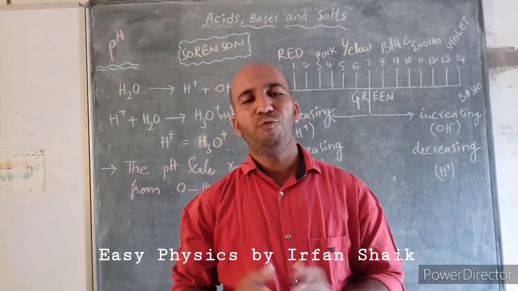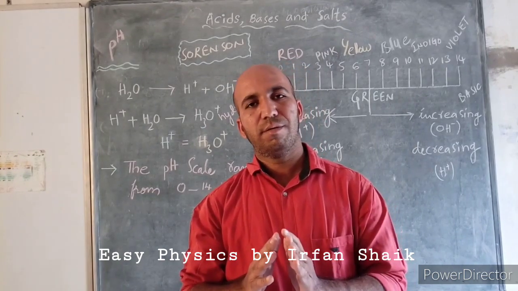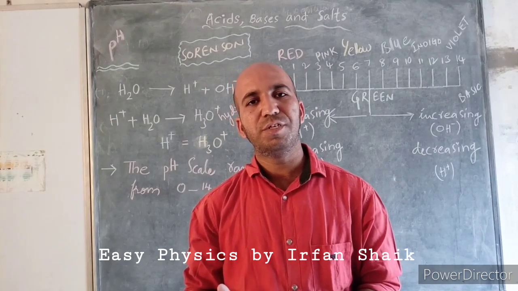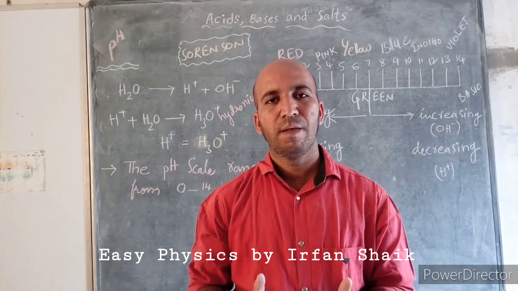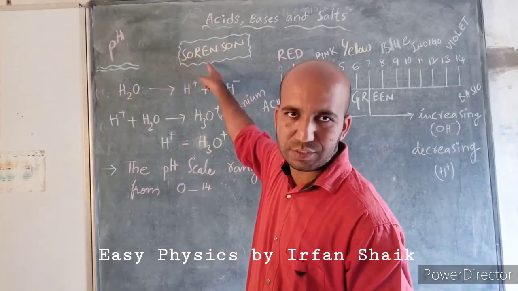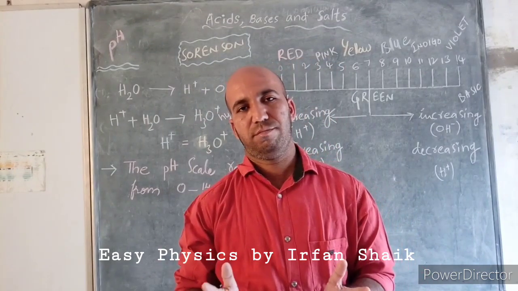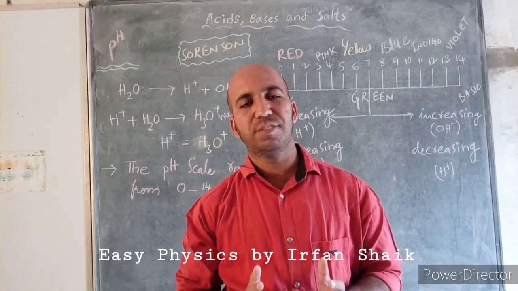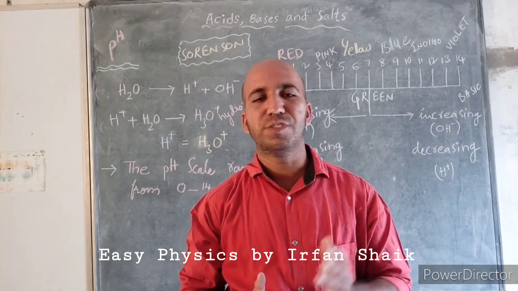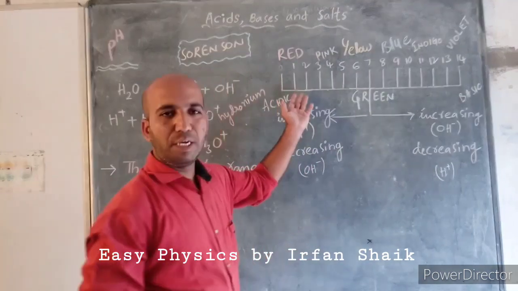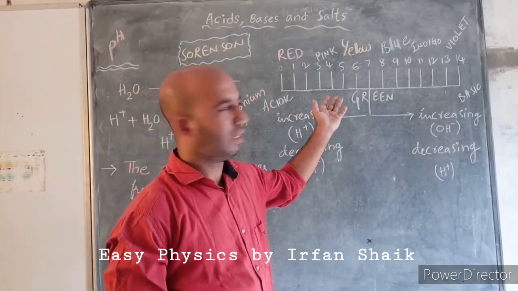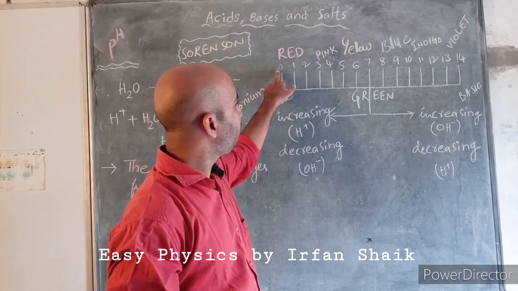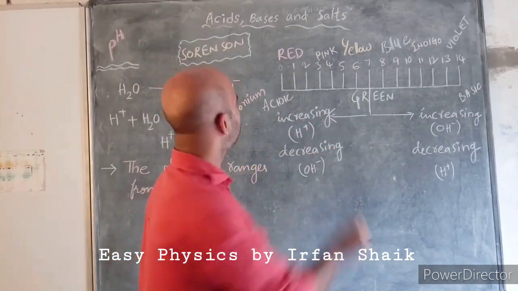To find the strength of the acidic or basic nature of a liquid, a scientist called Sorensen prepared a scale, called the pH scale. In that pH scale, the range is between 0 and 14. Here you can observe the pH scale. The range starts from 0 up to 14.